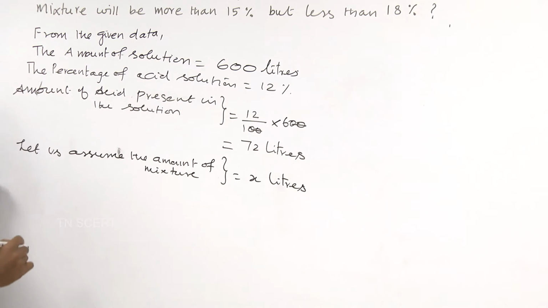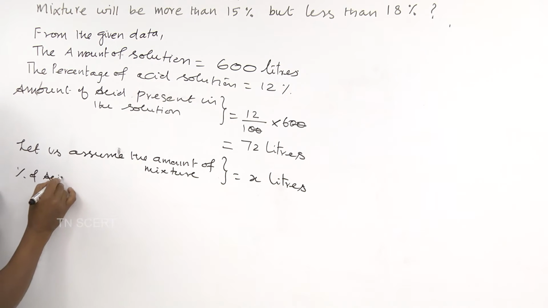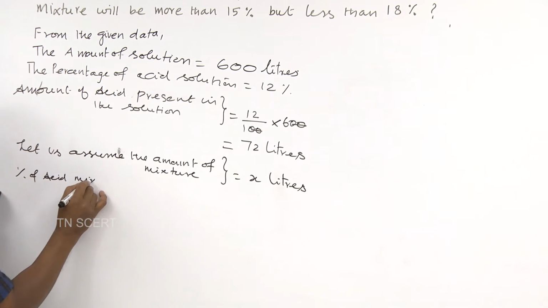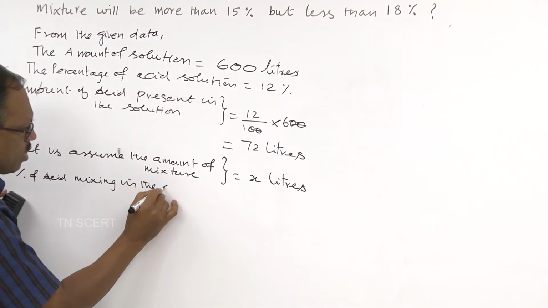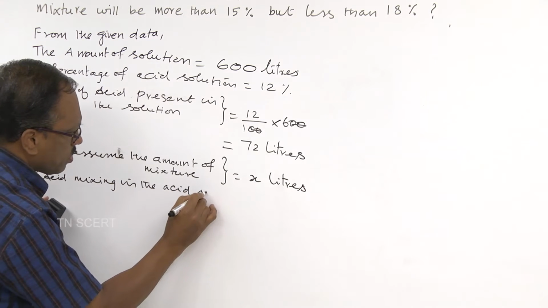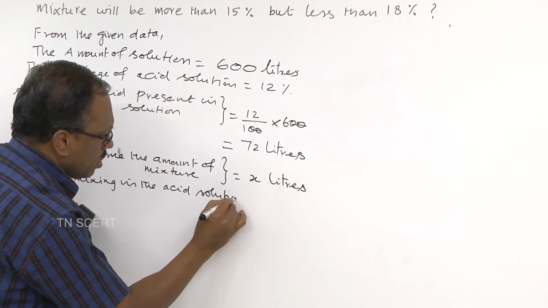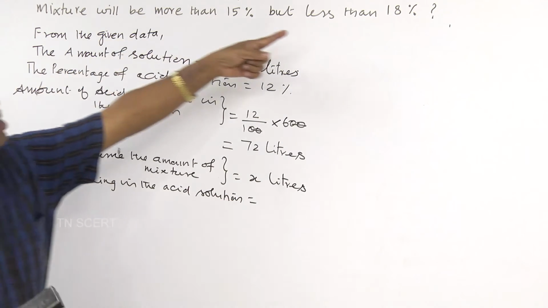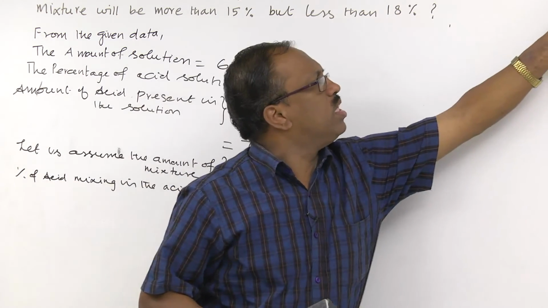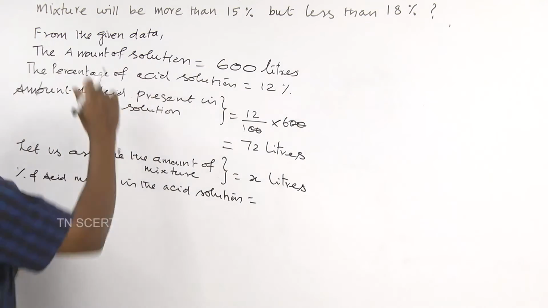Next, what I should do: the percentage of acid mixing in the acid solution. Actually, here, how much percentage of solution must be added is 30%.